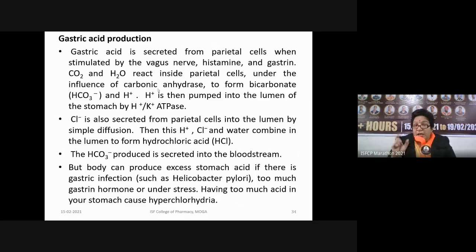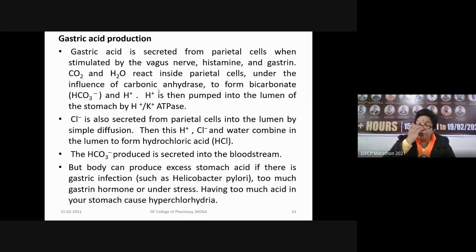H plus is then pumped into the lumen of the stomach by the hydrogen potassium ATPase pump. Then chloride ion is also secreted from the parietal cells into the lumen by simple diffusion. This hydrogen ion, chloride ion and water combine in the lumen to form hydrochloric acid.